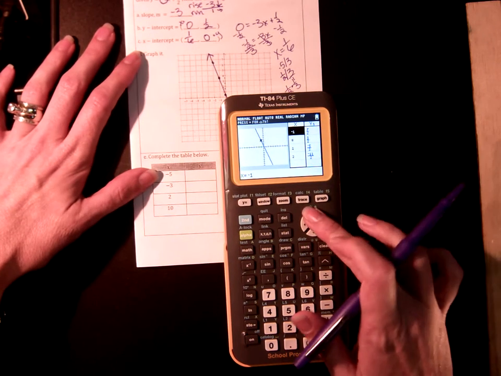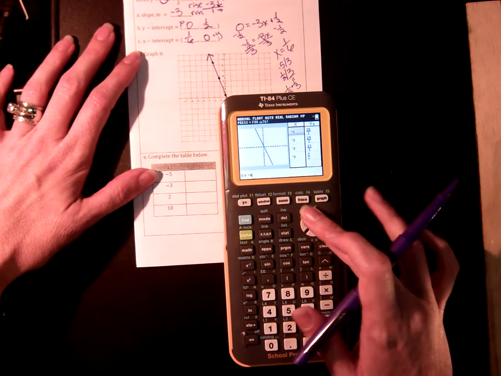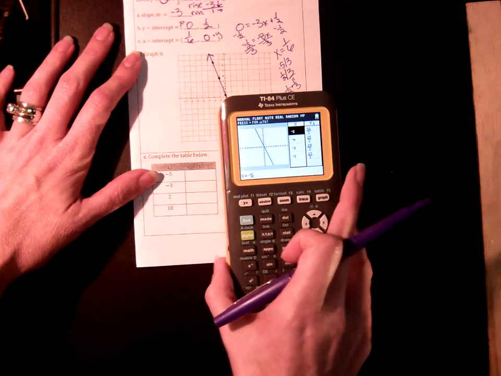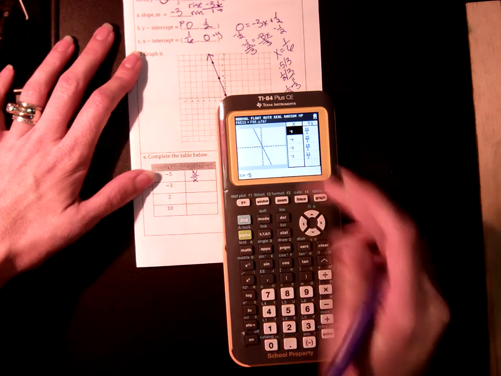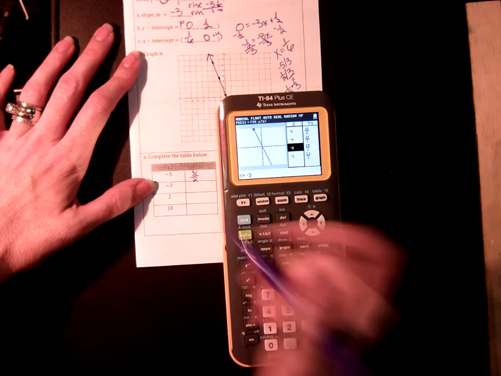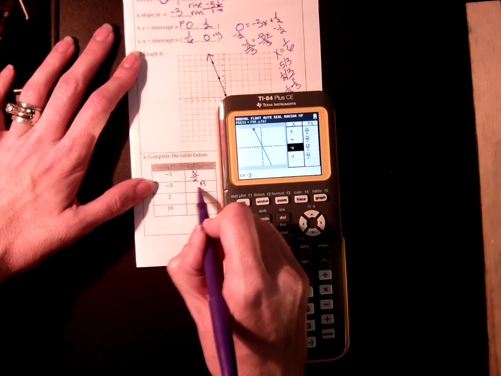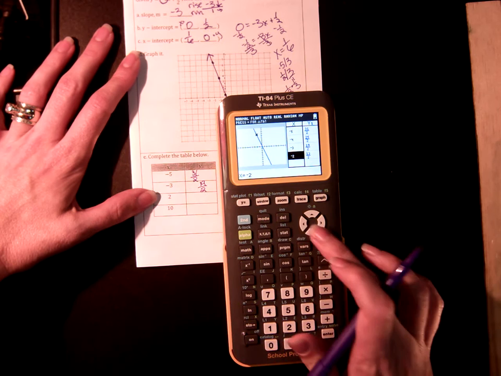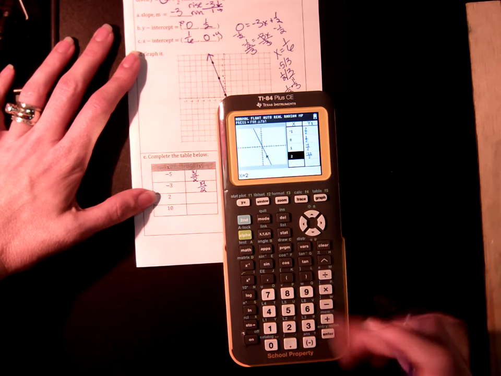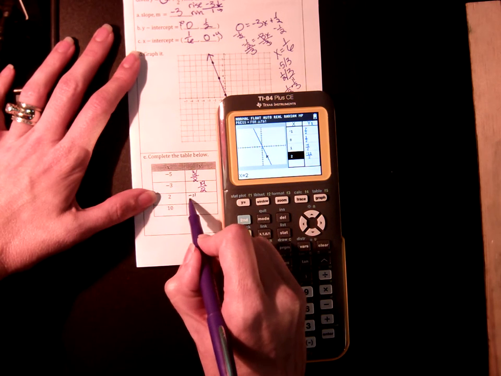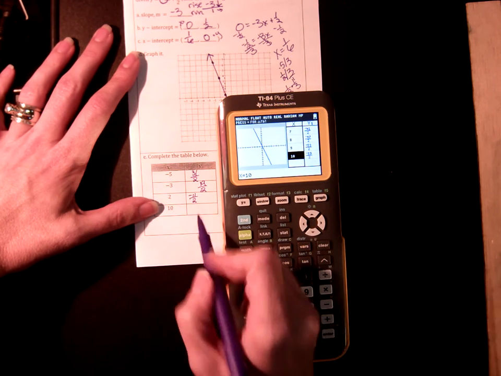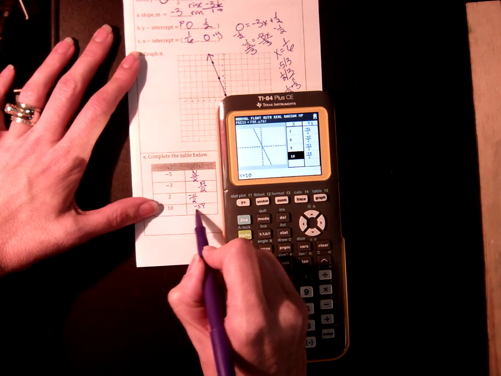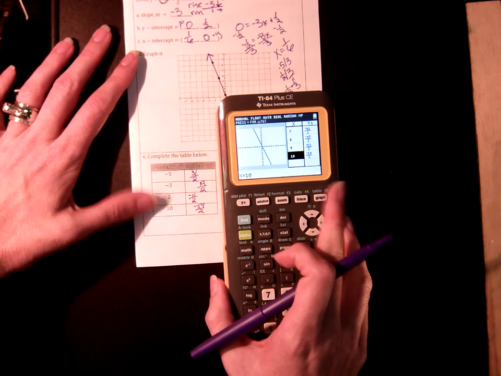So we'll just scroll back to -5, 31 over 2, -3, +2, and 10, -59 over 2. Okay.